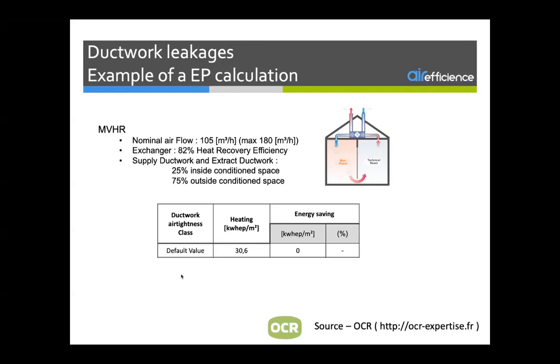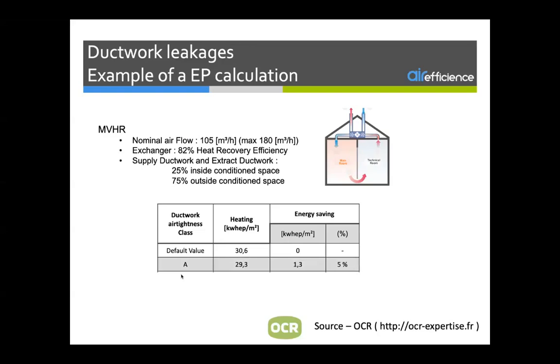There is 25% inside conditioned space and 75% outside conditioned space. If default value is used, we have heating consumption of 30.6 kilowatt.